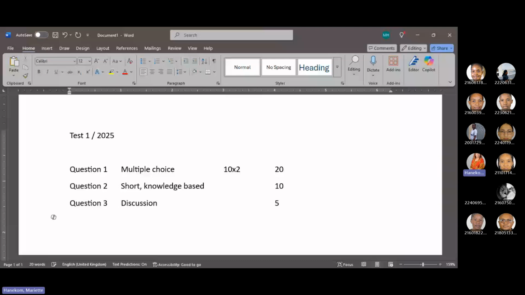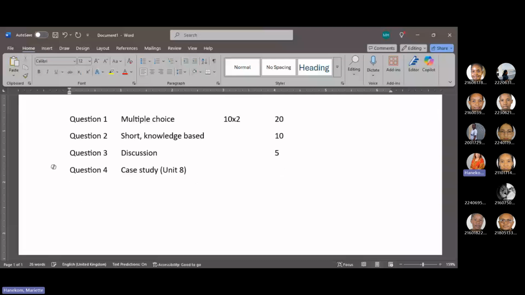Question 4 is a case study based on, as I warned you, Unit 8 for 15 marks. It's not a single question for 15 marks. I give you a case study and a number of questions based on that case study, so it's divided into questions.